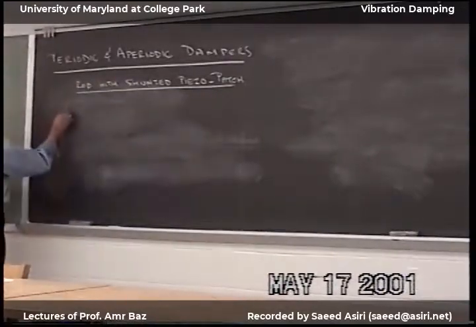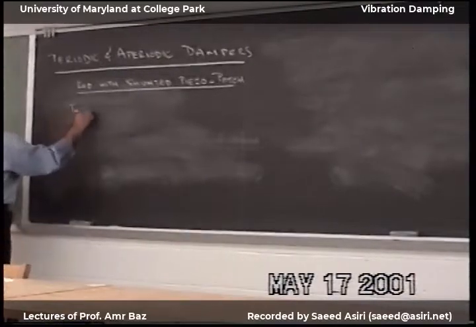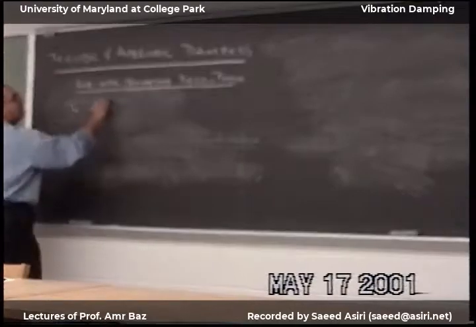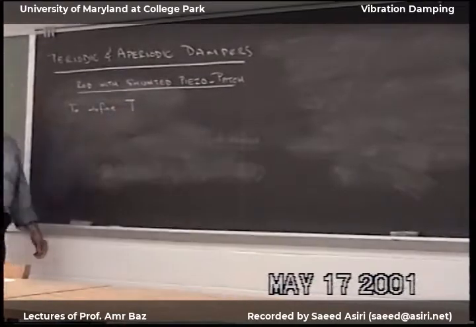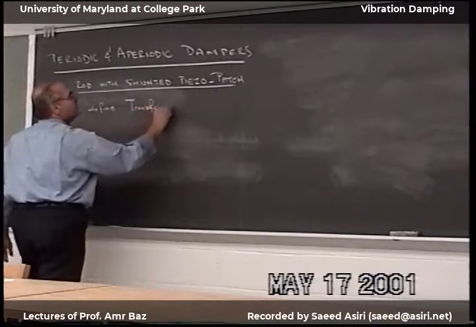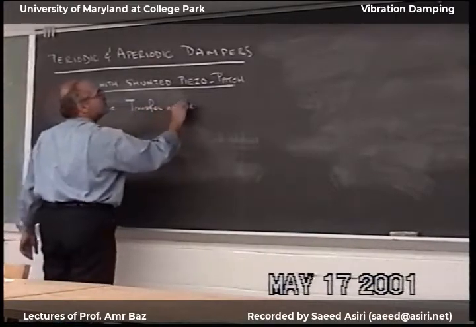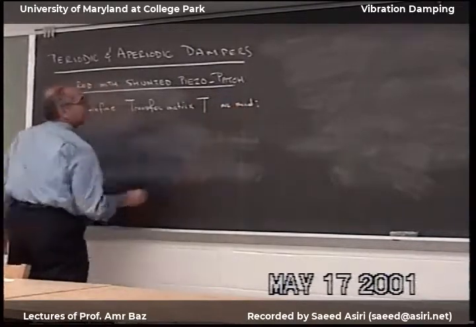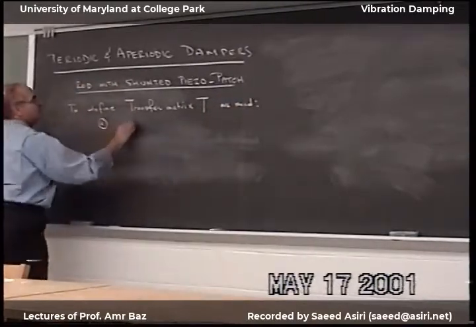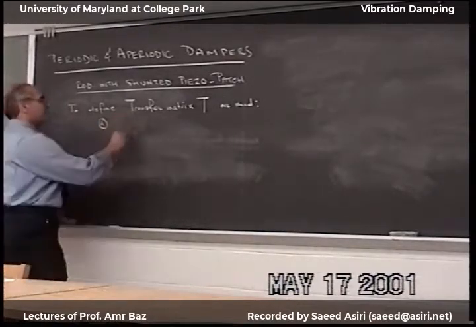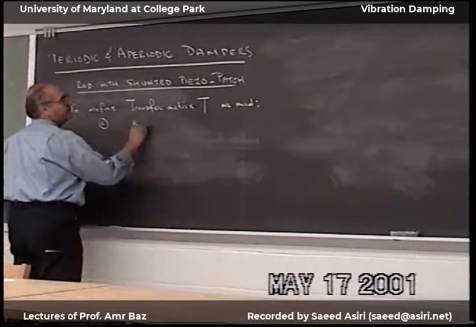We need to define T, the transfer matrix T. We need number A, K, little k, small k, the wave number of the piezo.